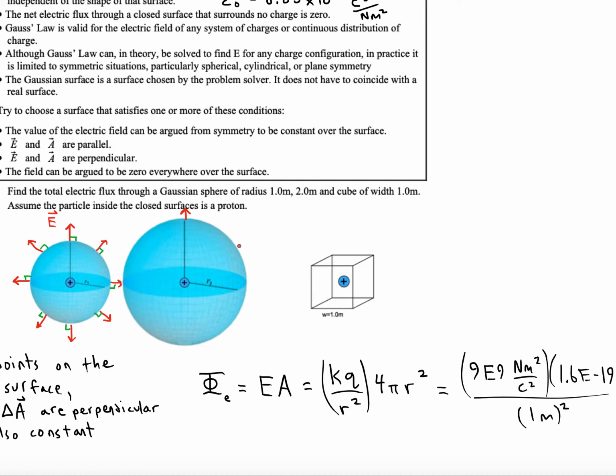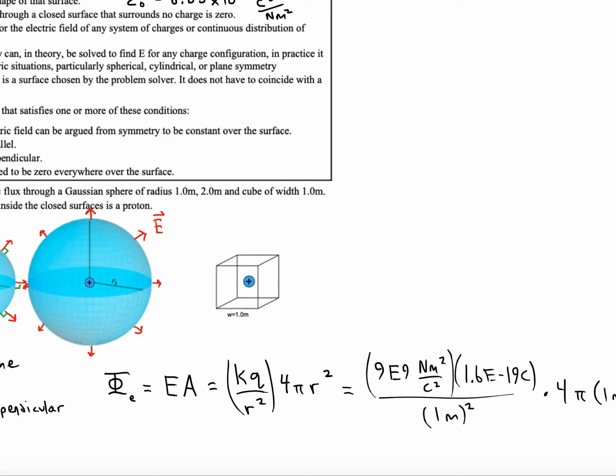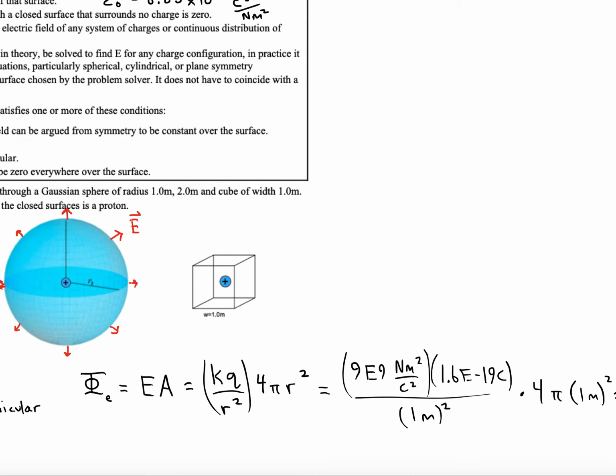As we've seen, the electric field at these points should be weaker than the electric field was for the smaller sphere, because we've got a much larger radius, and basically the field that the proton emits has to be spread out over a larger surface. Let's repeat the calculation using a radius of 2 meters this time instead of 1.